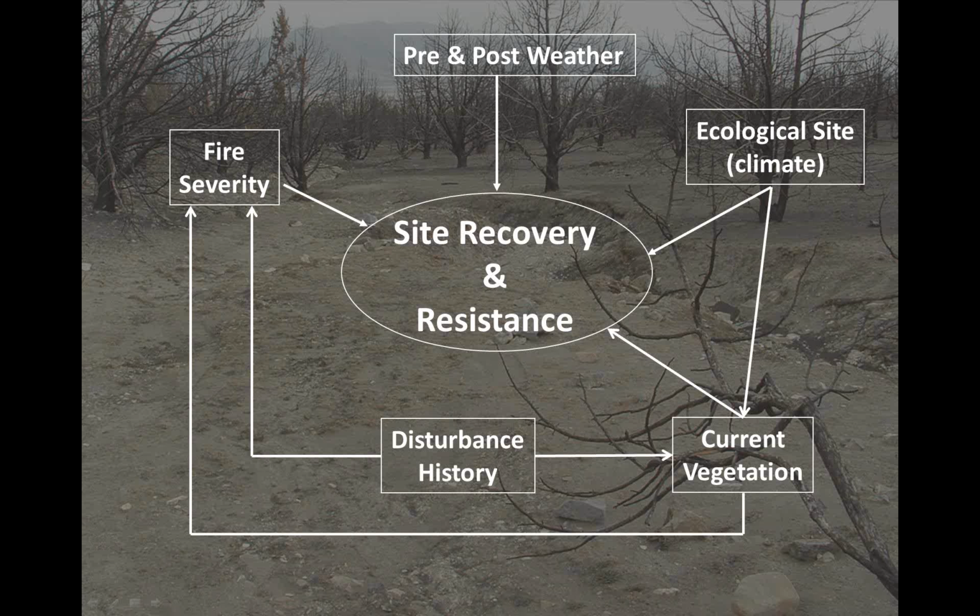So we tried to couch the review of the literature in terms of addressing these kinds of questions, looking at the ability of these sites to recover and the resistance of these sites to invasive species, and the key components such as the ecological site characteristics or the current vegetation, or how severe the fire was, or what the role of pre and post weather conditions was.